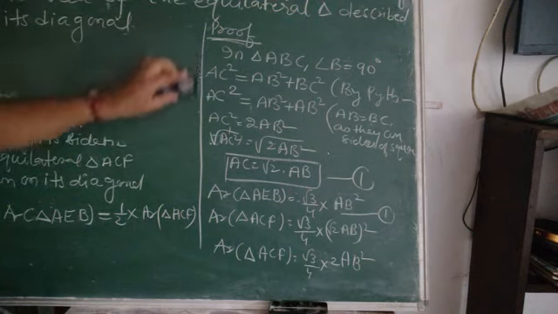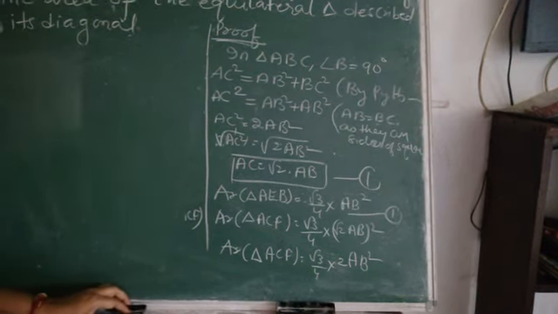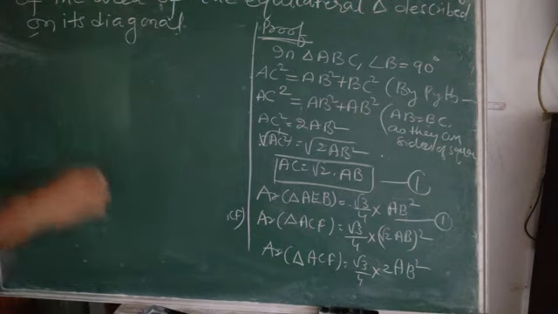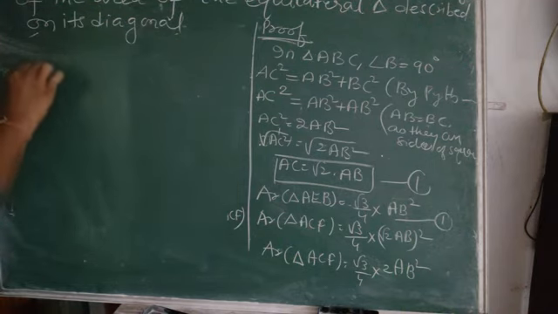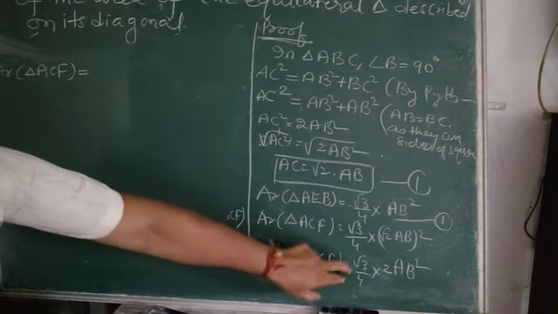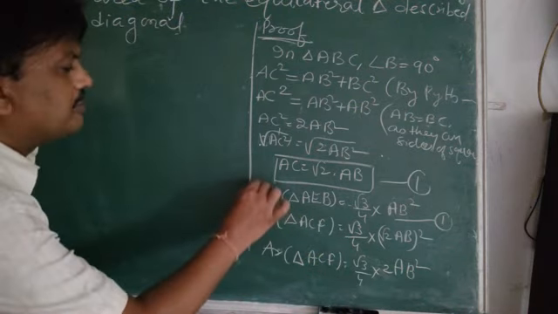Now see, children, what we have got? Area of triangle ACF is equal to how much? Root 3 by 4 into 2 AB square.